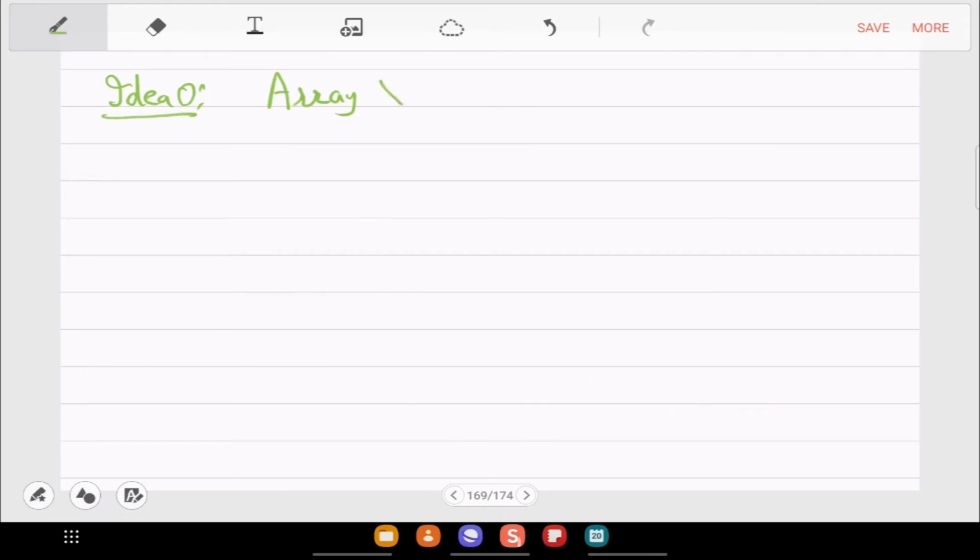So array x requires j minus i time, which could be around n. Okay, because if i and j are, let's say, n by 4 on one side and n by 4 on the other side of the midpoint, then the interval length is n by 2.